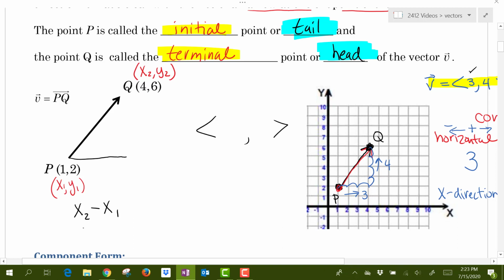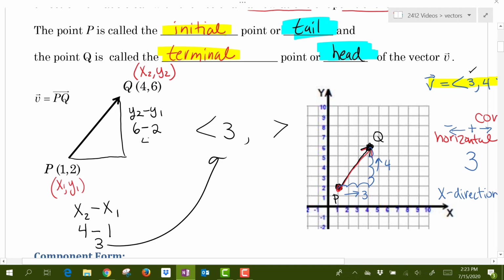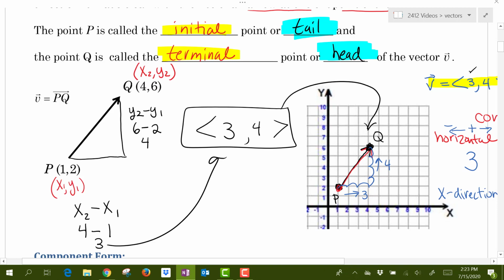So the x value of the terminal point was 4, minus the x value of the initial point is 1. 4 minus 1, we get 3. All right, so now we want to know what's that vertical movement. So we're going to do y2 minus y1. So the y value from the terminal point minus the y value from the initial point. 6 minus 2, we get 4. So that is exactly the same component form we had when we went to graph that vector on that piece of graph paper and count off the squares.